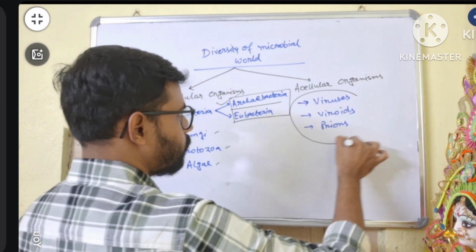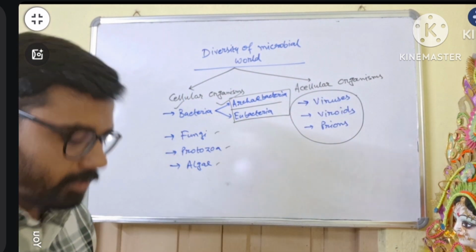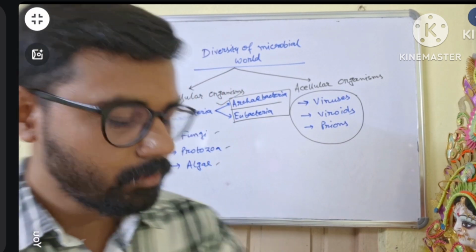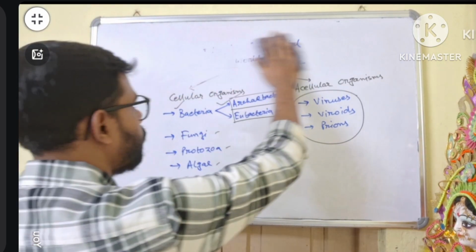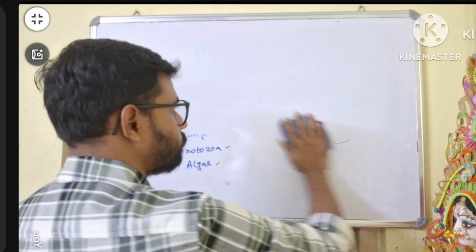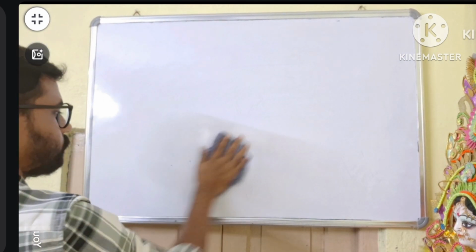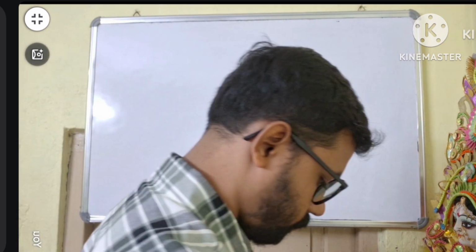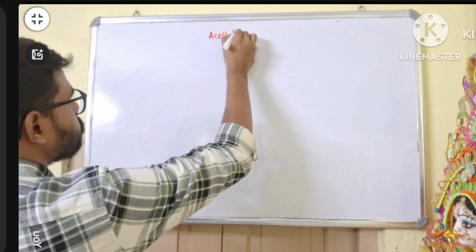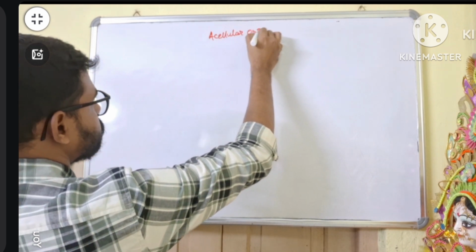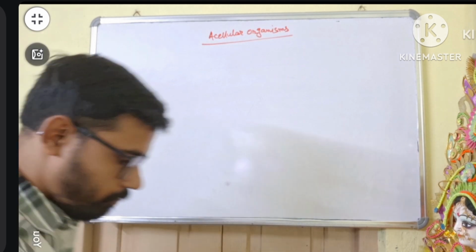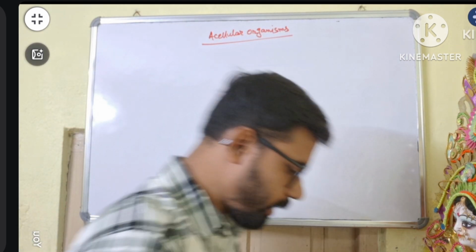Today we are going to discuss about the acellular organisms, that means viruses, viroids, and prions. So let's start. Acellular organisms. Virus, viroids, prions are called acellular.